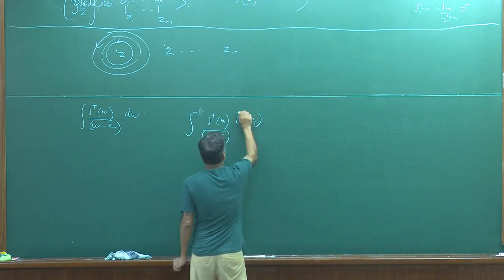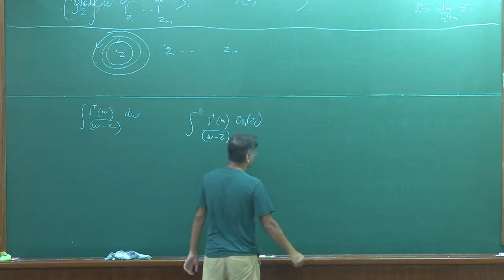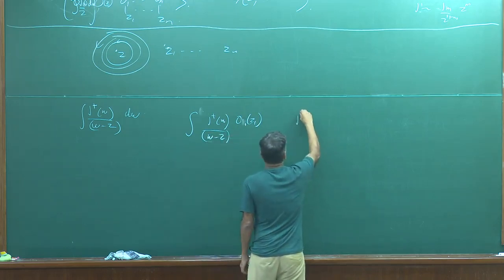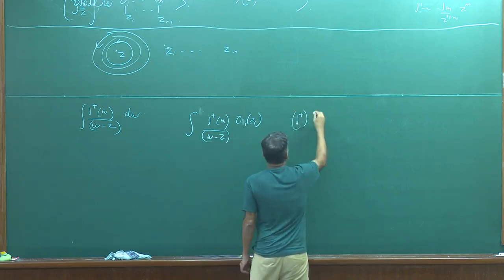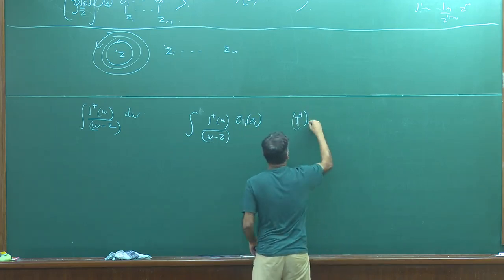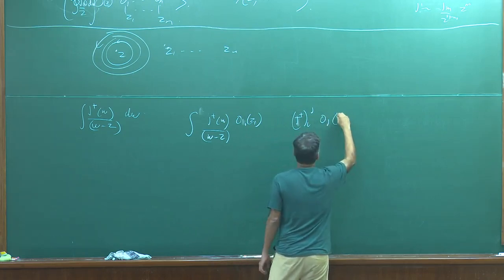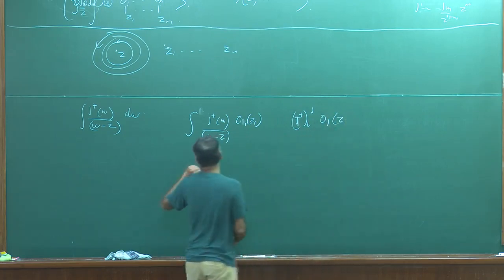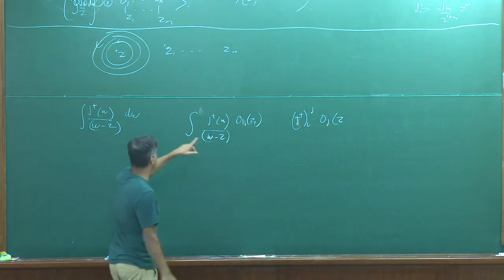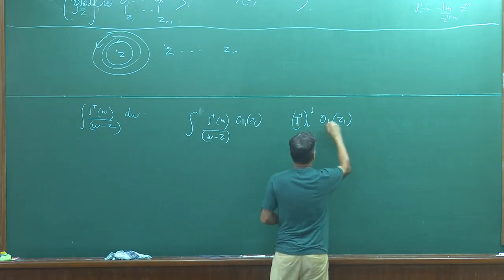Let's say these O1s come in some representation I. So for O1 I we will get J plus giving T plus I j O j of z1, and then w will be replaced by z1.